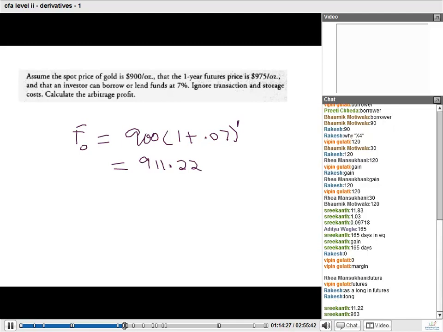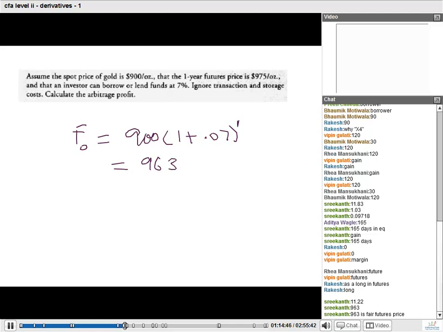However, what is the observed price? The observed market price is 975. It's something like you compute the fair price of a stock as 50 and the observed stock price is 70.